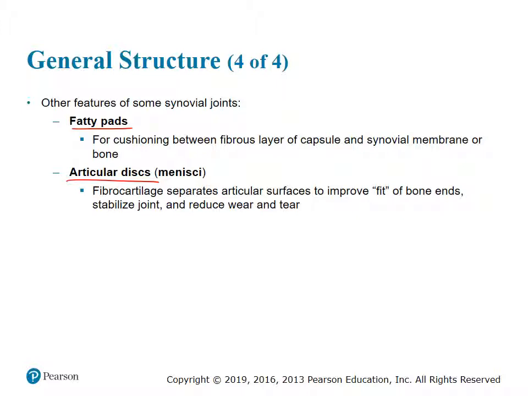It's an extra fibrocartilage that will be reinforced between the articular surfaces, between where two bones meet. There will be an extra piece of cartilage. In the knee, for example, you have two different menisci, lateral and medial, and they can be torn, but that's right in between the knee.